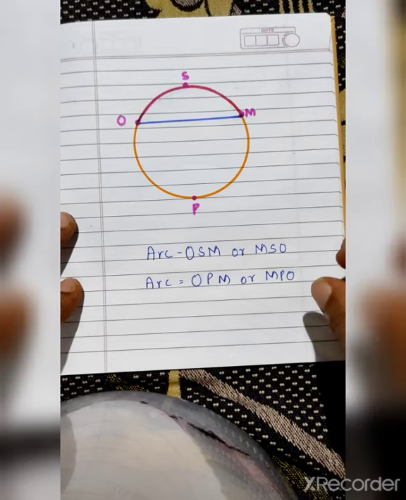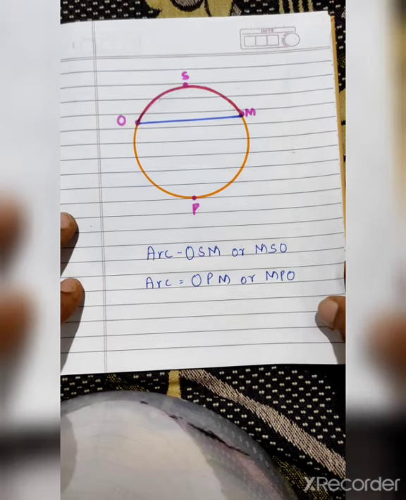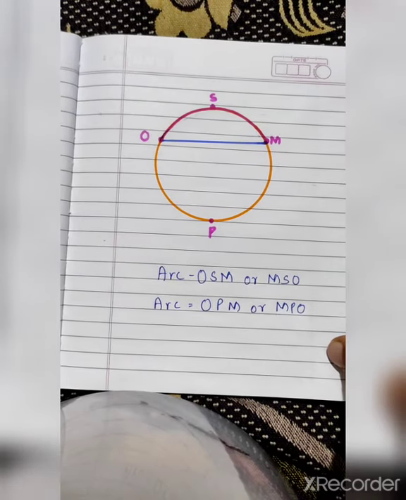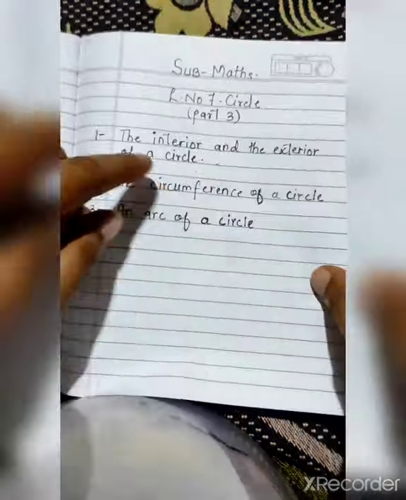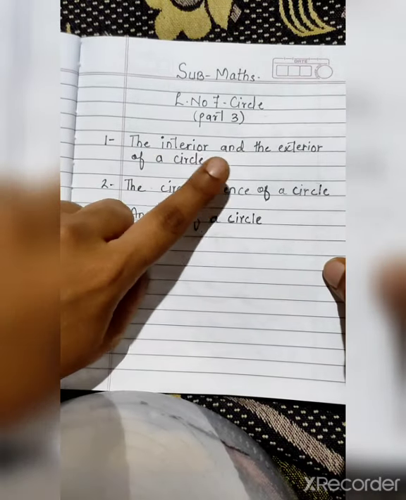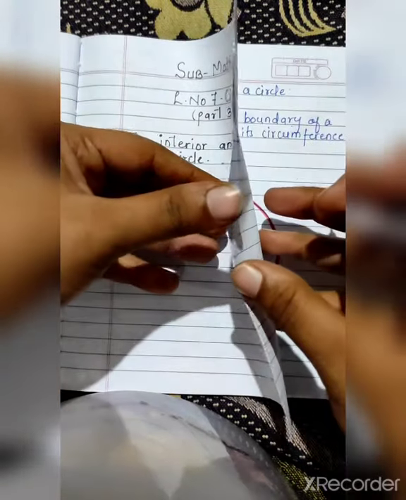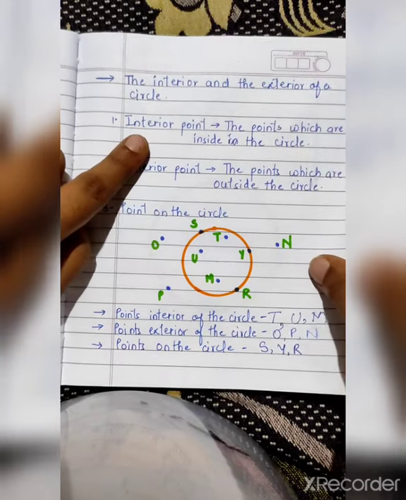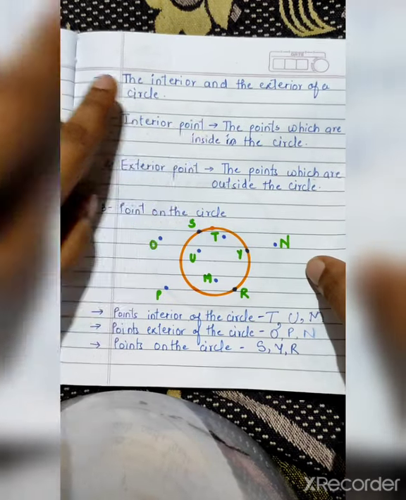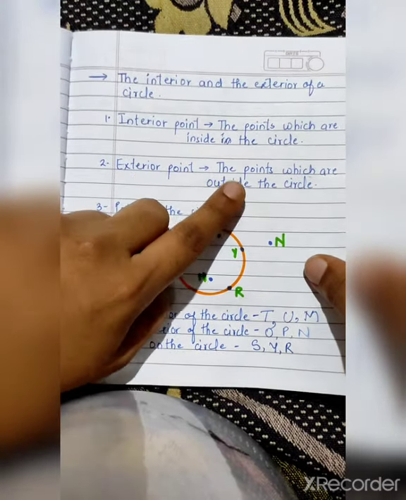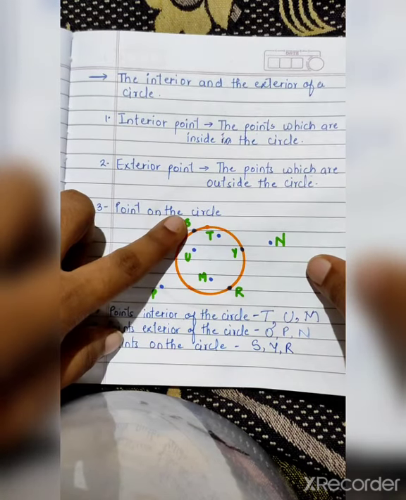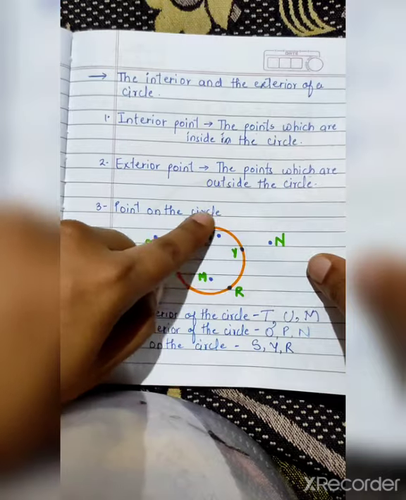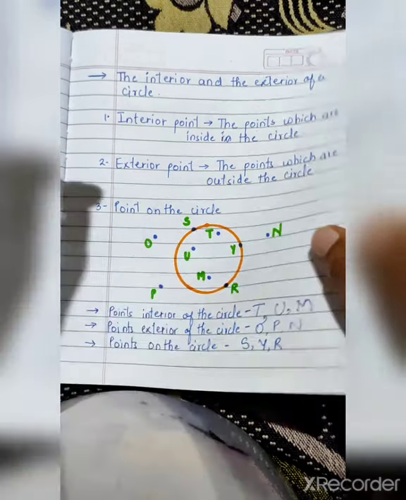Understood, students, how to write the name of the arc? I hope you all have understood all the three parts which I have explained today. The interior means the points which are inside the circle, exterior means the points which are outside the circle, and points on the circle means which are on the boundary of the circle.